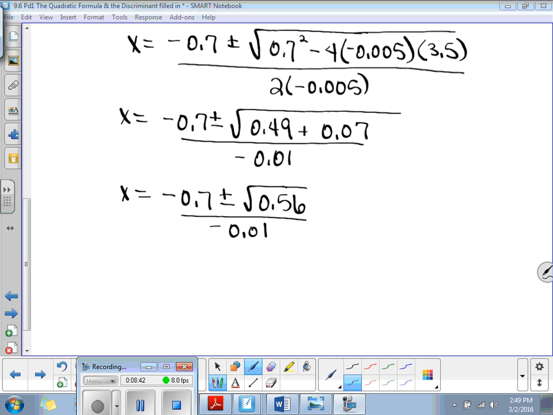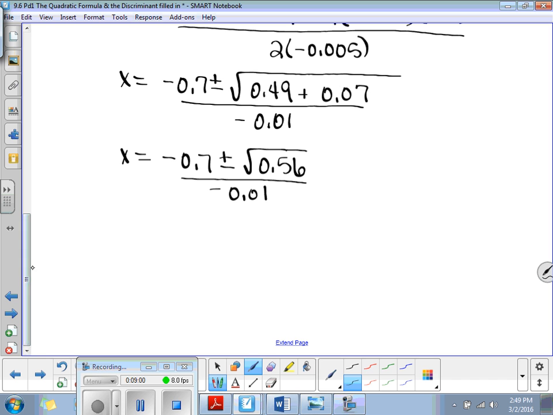Now we just take the square root of 0.56, and here I'm not going to round, I'm just going to leave it in the calculator, okay? I think I'm going to have to round. So I'm going to go ahead and round.